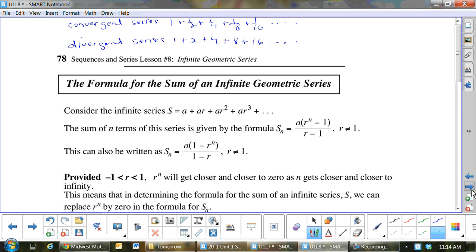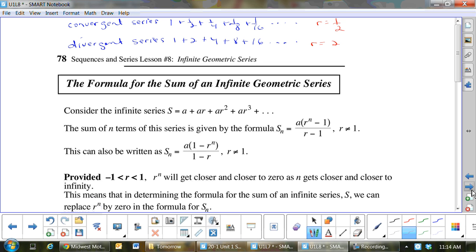What do you notice? What is the R value for the convergent? It is 0.5 or 1/2. Okay, so list this: R equals 1/2. What about the divergent? R equals 2. Now the divergent series, you see how it's getting bigger and bigger and bigger? What is the infinite term? We don't know.